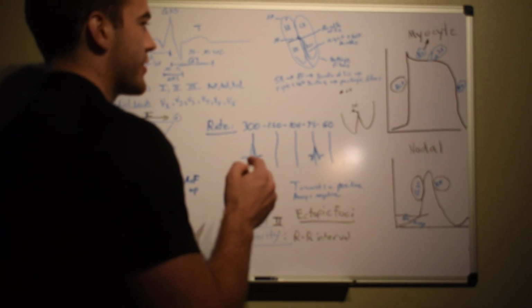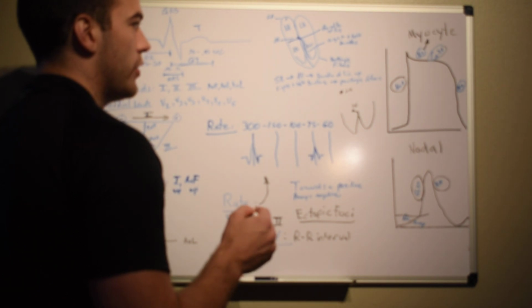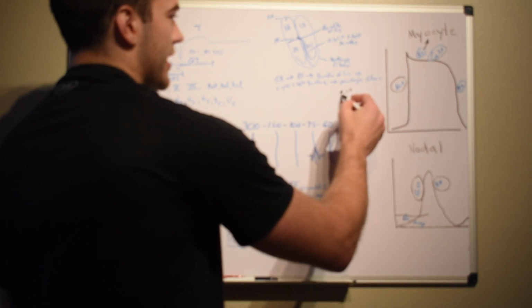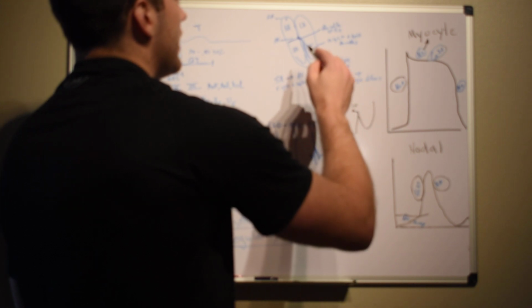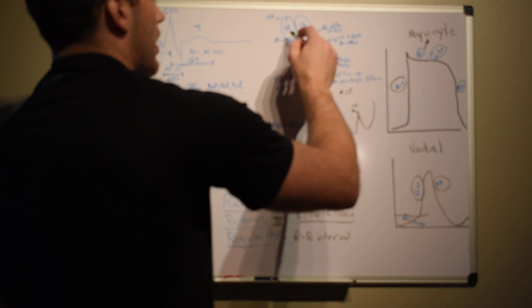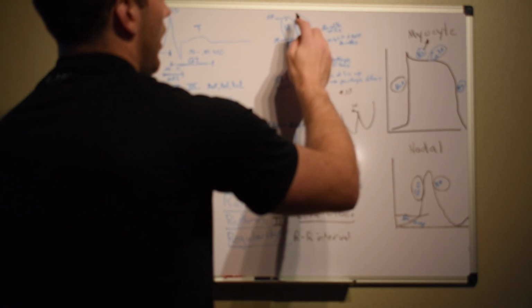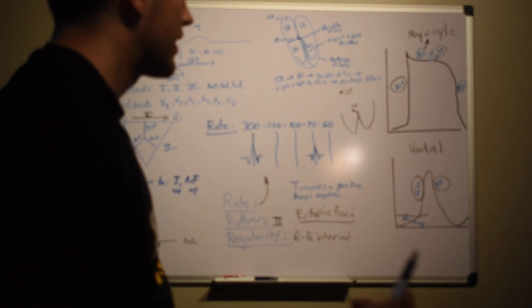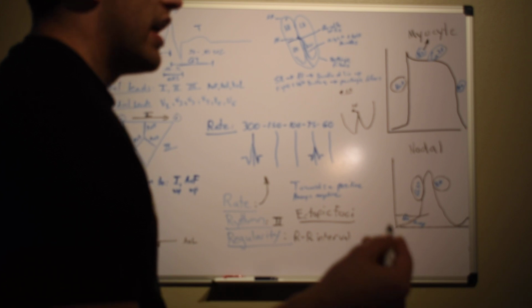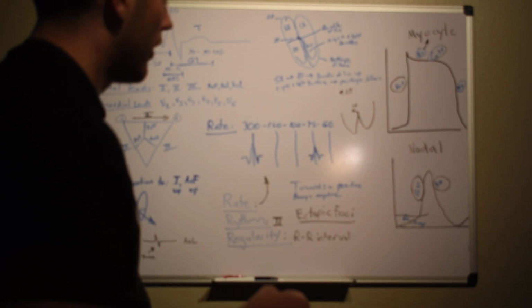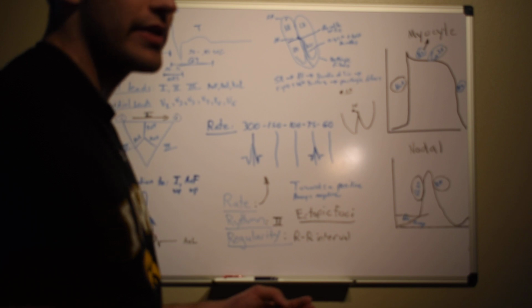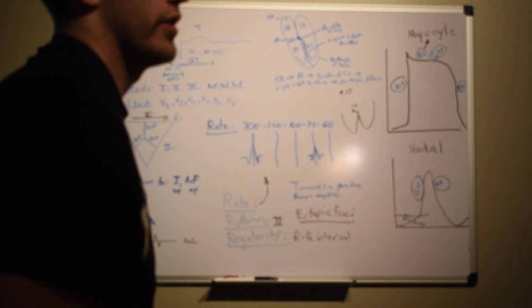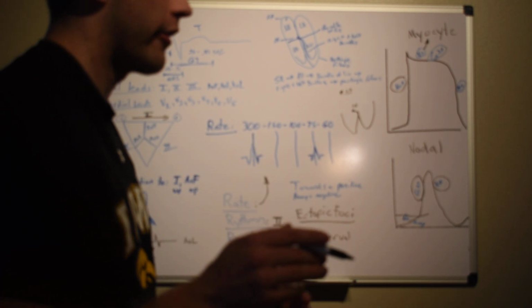So like we went over yesterday, we've got our SA node. Our SA node is called the sinoatrial node, and it is up in our right atrium, okay? And it's going to be our conductor of this system. It's like the conductor of the orchestra. It's going to tell all the other cardiac myocytes and all the other nodal cells when to fire.